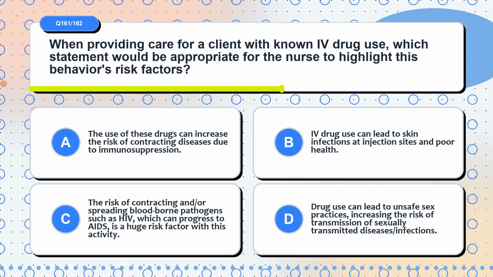Option C. The risk of contracting and/or spreading blood-borne pathogens such as HIV, which can progress to AIDS, is a huge risk factor with this activity. Option D. Drug use can lead to unsafe sex practices, increasing the risk of transmission of sexually transmitted diseases/infections.